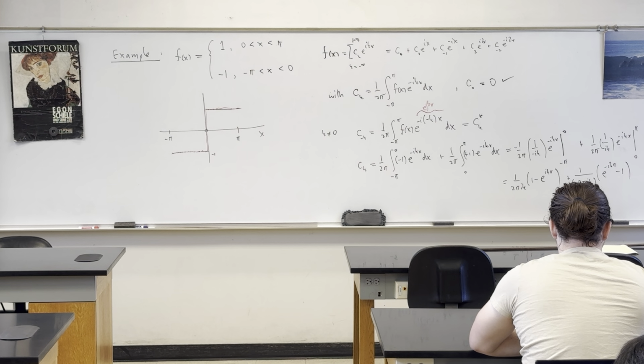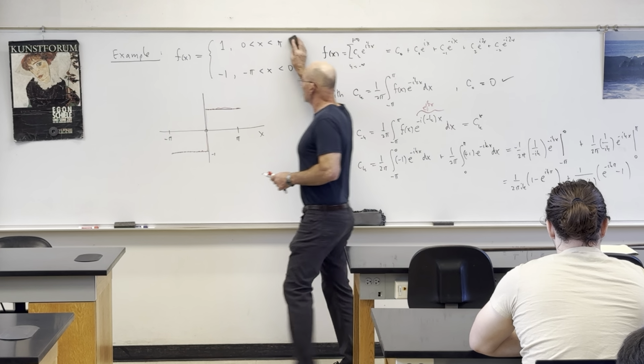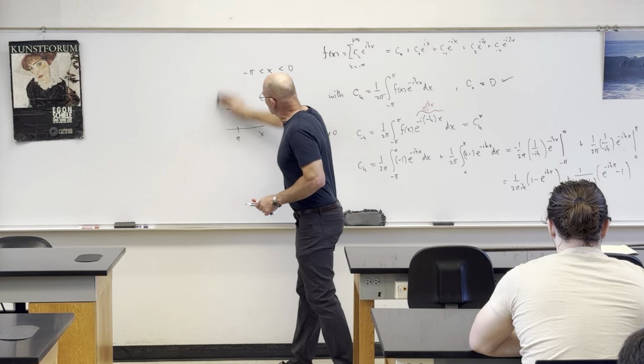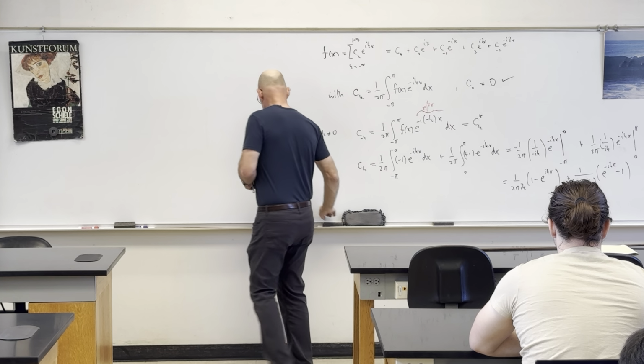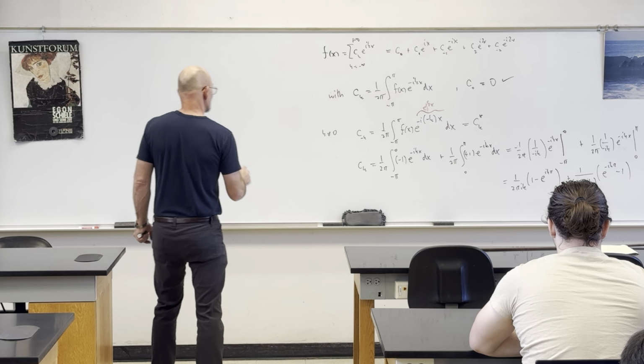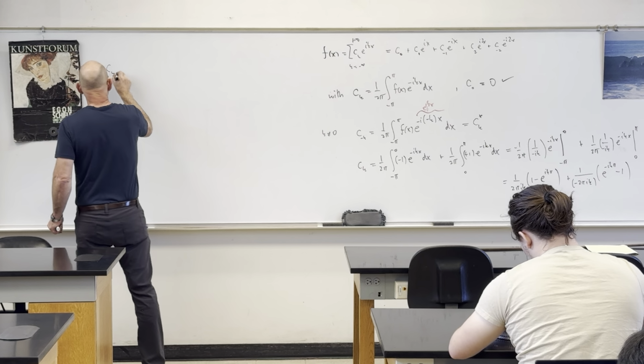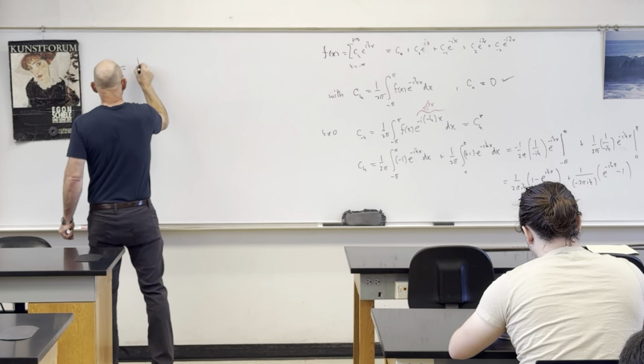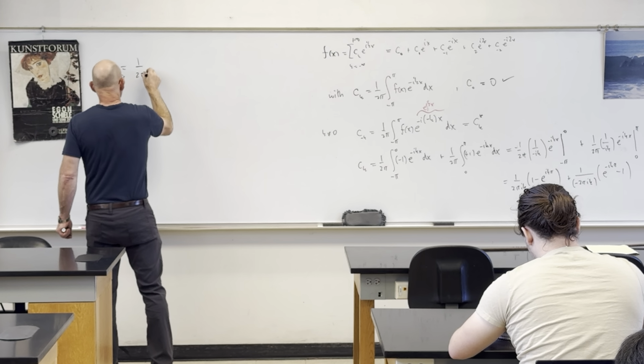So if we just clean this thing up. And we need a little more room over here, so let's just have a shot, see how far we get. So what do we have here? We have c sub k equals, I can do the 1 over 2 pi i k.